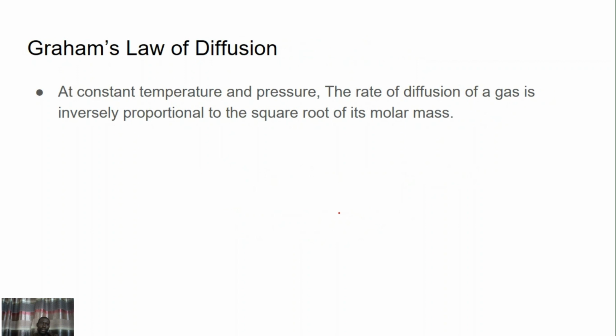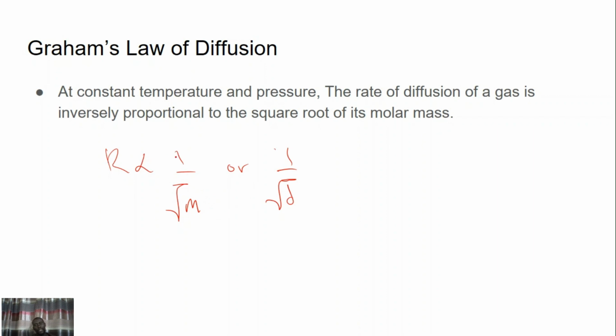That's Gay-Lussac's law. Graham's law of diffusion tells us about the rate of diffusion of a gas, and it states that the rate of diffusion of a gas is inversely proportional to the square root of its molar mass, or inversely proportional to the square root of its density.